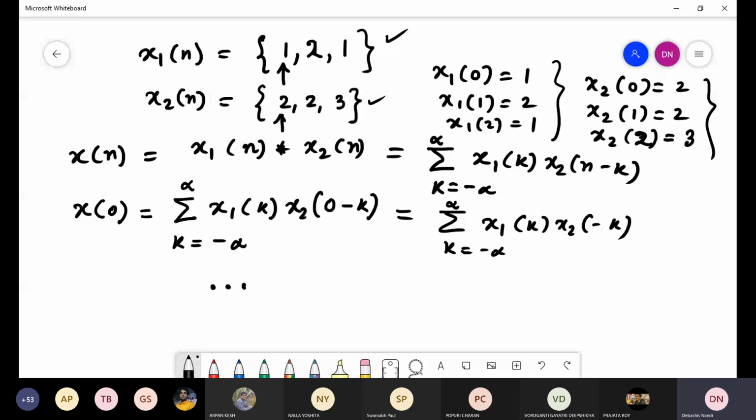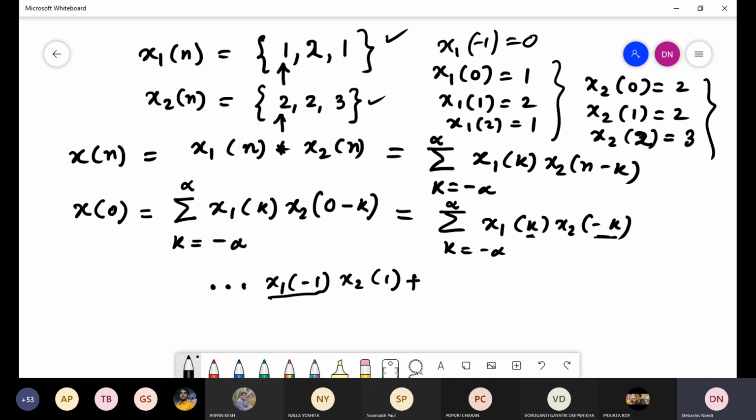If I start from k equal to minus 1, then x1 will be at minus 1 and x2 will be at 1, since minus k with k equal to minus 1 gives 1. Now you see the value of x1 of minus 1 will be 0, because x1 starts from n equal to 0. For n equal to minus 1, x1 of minus 1 is 0. The value is not given, which means it is 0. So this is 0, and whatever the value here, ultimately it will be 0.